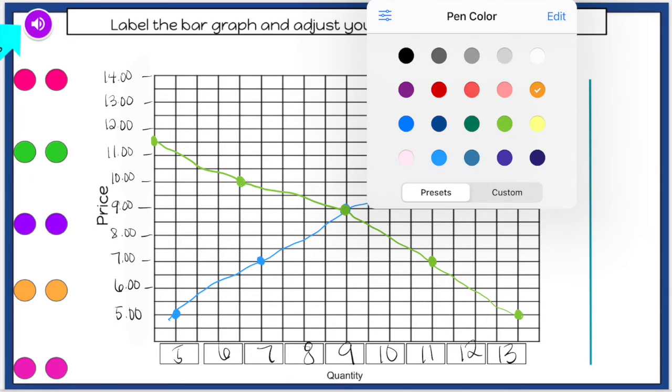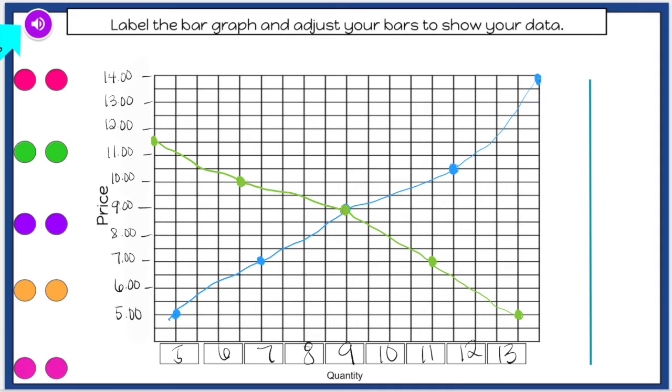Hopefully you can see that the equilibrium price is about $9. So at $9 an hour, you have about 9 people demanding work. That's the equilibrium price. That's a happy point.